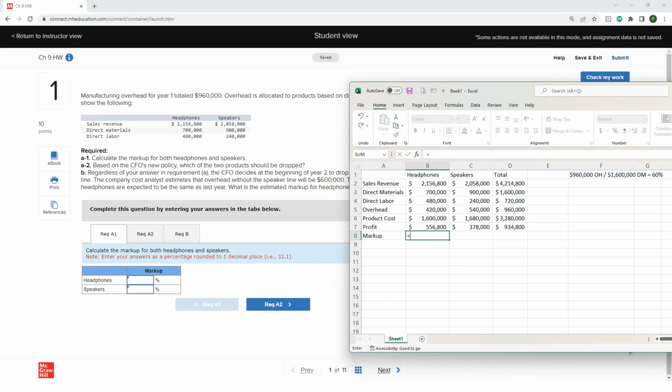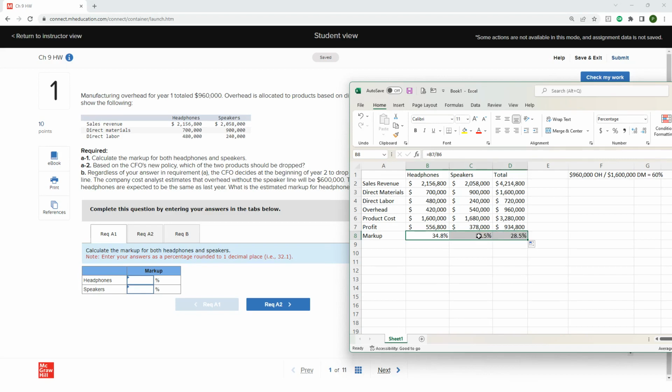And then for the markup, remember that the question told us that markup is equal to the profit divided by the product cost. So in this case, it'll be B7 divided by B6. That gives us a number. I'm going to change it to a percentage by clicking here, and I'll add a decimal since the problem tells us to round to one decimal place. And then I'll drag it over.